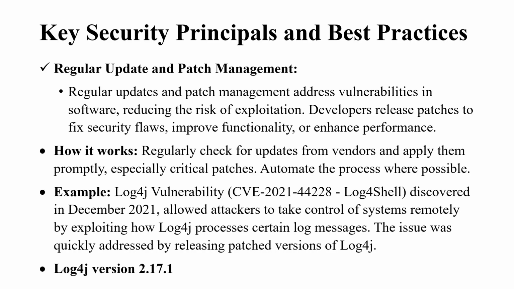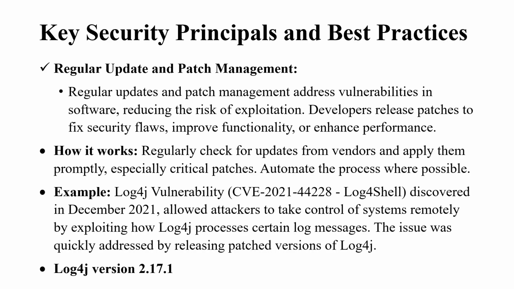I want to give you a very good example. There was a vulnerability that was detected in 2021, the Log4j vulnerability. That vulnerability was discovered in December 2021. It allowed attackers to take control of systems remotely by exploiting how Log4j processes certain log messages.